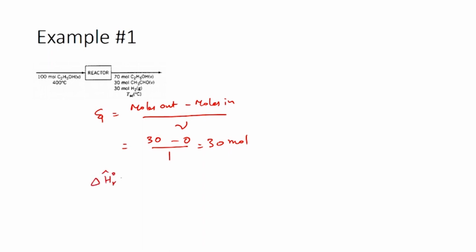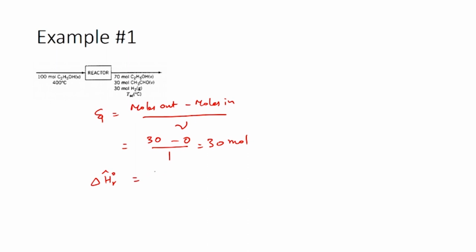So, the standard heat of reaction can be calculated from the heats of formation. What you would have is heat of formation for the products minus the heat of formation of the reactants. So, basically a product of the stoichiometric coefficient and the heat of formation for the products and the summation of that, and subtracting that with the heat of formation of the reactants. So, let us try and do that.